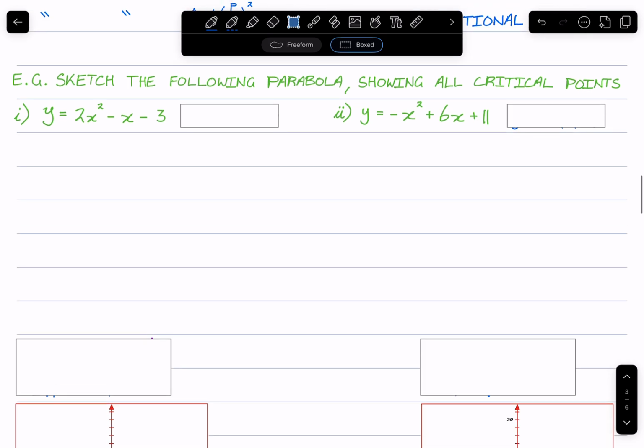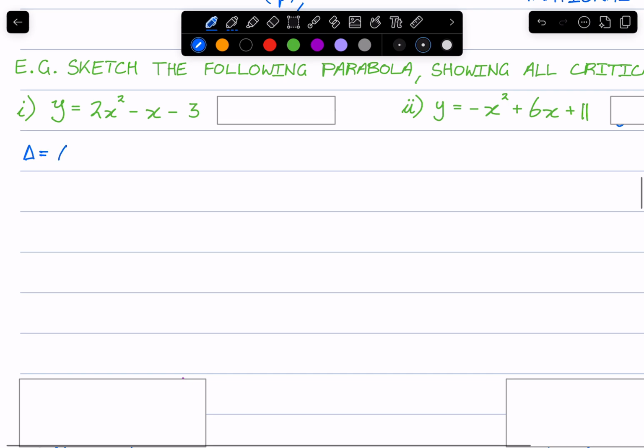Seeing all this, let's actually put this in action by sketching these two parabolas. So let's approach this slightly differently. Normally, we would try and factor and find the x-intercepts first. But for this, let's use the discriminant. So for this, delta equals b squared minus 4ac. That will be negative 1 squared minus 4 times 2 times negative 3.